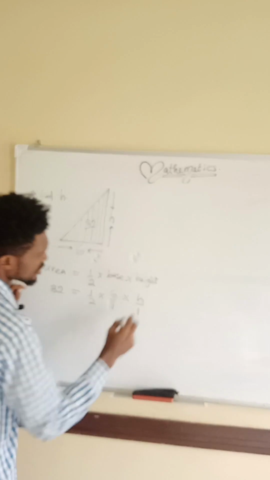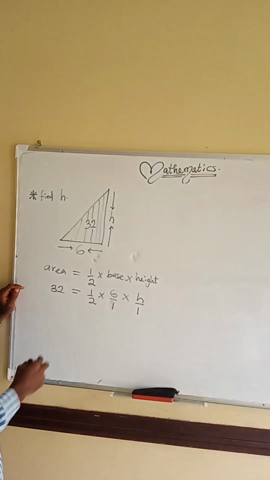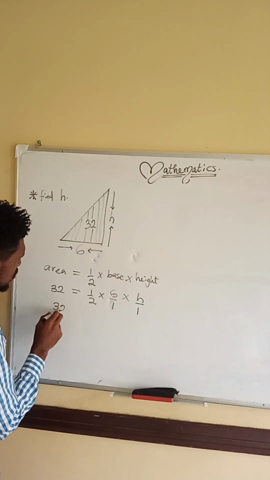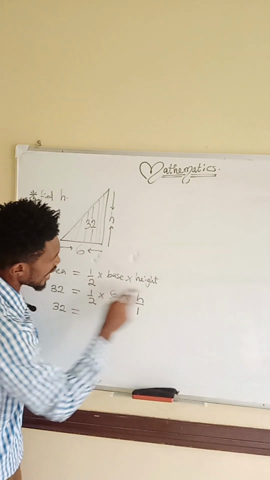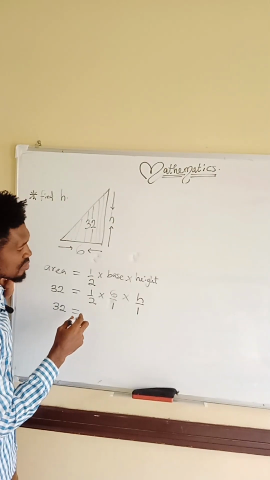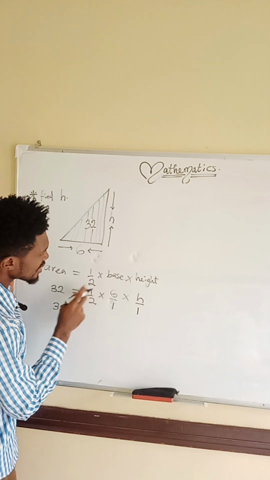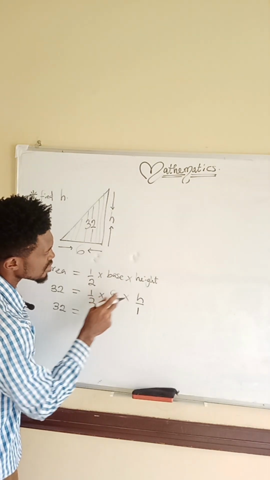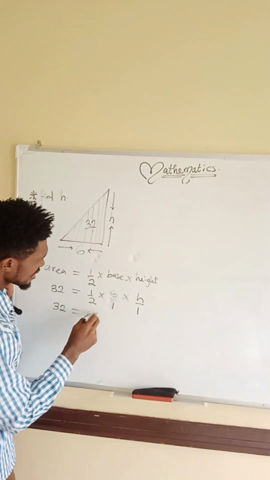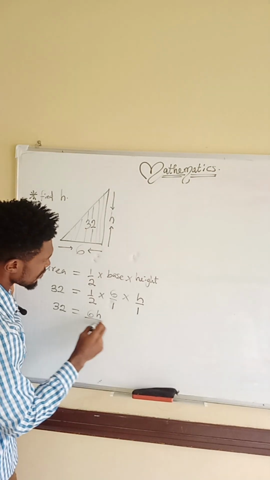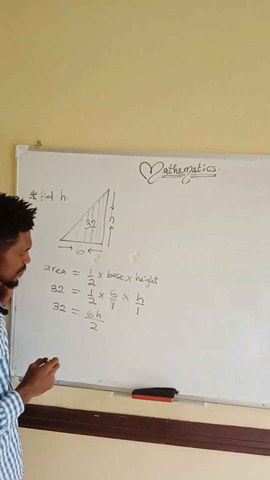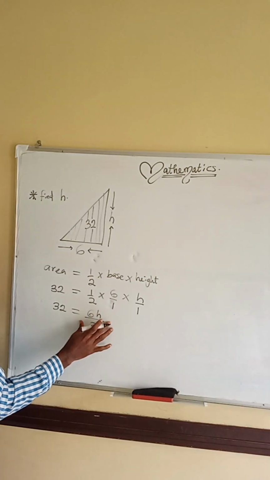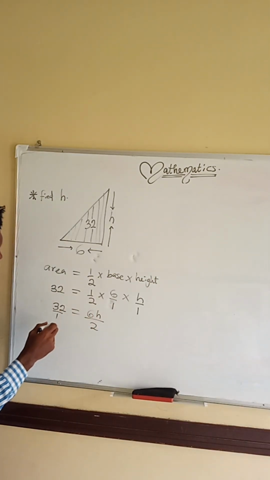So we have 32 equals 1 multiply the numerators. 1 times 6 is 6, multiplied by h is 6h, over 2 times 1, which is 2. Make this a fraction as well.